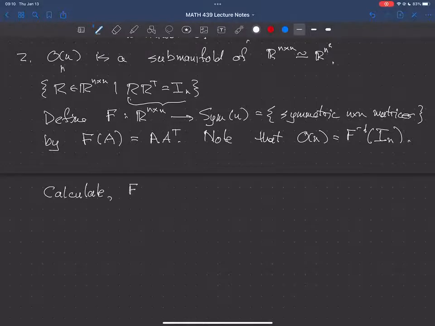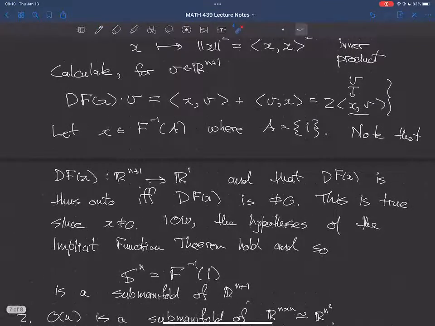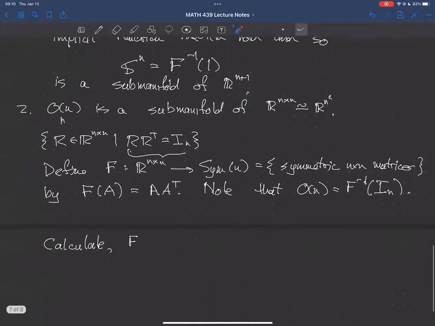And I'm going to do just like I did in the example up here. I calculated the derivative of F at X in the direction of V. Here I'm going to calculate the derivative of F at A in the direction of some other matrix or some other vector in my vector space, which is the vector space of matrices here.